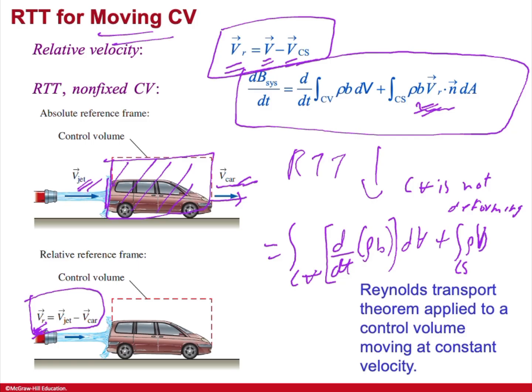Sorry, b V R, let me just erase this to remove confusion. b V R dot n dA. Okay, so you can further simplify this Reynolds transport theorem for a moving control volume.